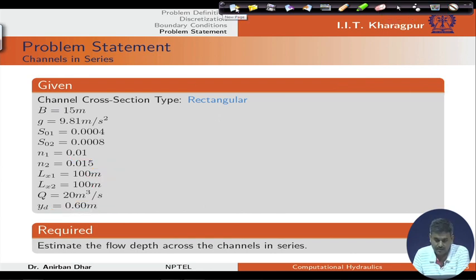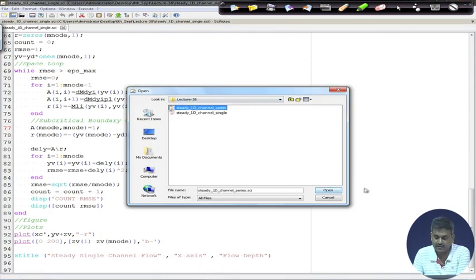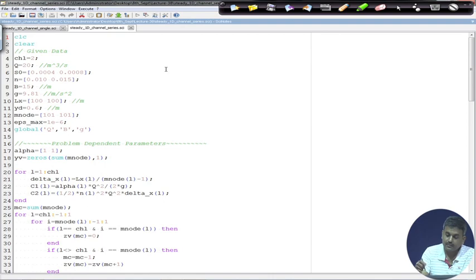Now, what is there? If we see this channel in series, now in channel in series we have this discharge value, channel CHL, we have two channel reaches, two S0 values, two N values, two LX values here, and M node, because we need to divide both the parts separately.